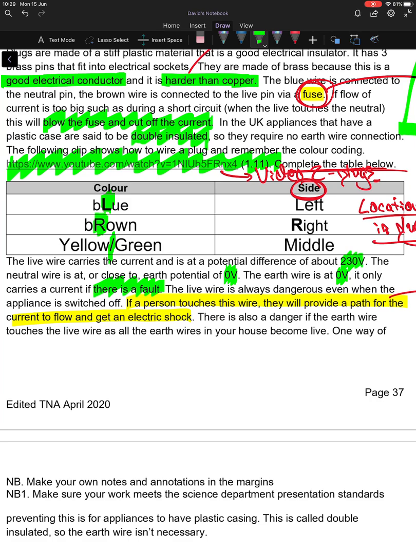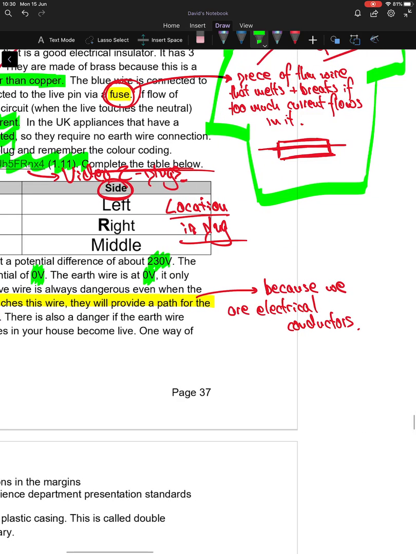The live wire is always dangerous, even when the appliance is switched off. If a person touches this wire, they will provide a pathway for current to flow and get an electrical shock. There is also danger if the earth wire touches the live wire. So remember, if you touch something electrical, you provide a pathway for it to go down because you are an electrical conductor.